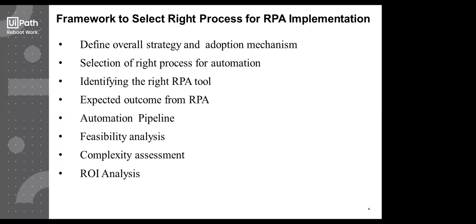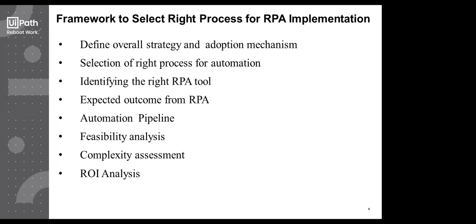So if any changes come up once it's deployed to production, if there is any change in any of the applications involved in the process, then how easily will you be able to implement that change, or adjust your solution to that change, so that the bot in production which is now running doesn't affect the schedule on which it is running, or if it does, it affects it in the minimum way possible.